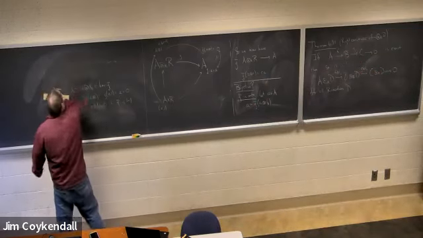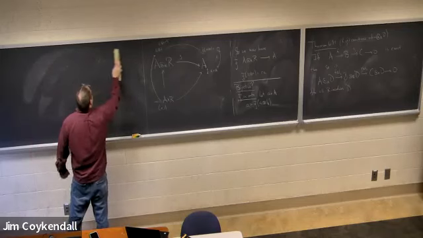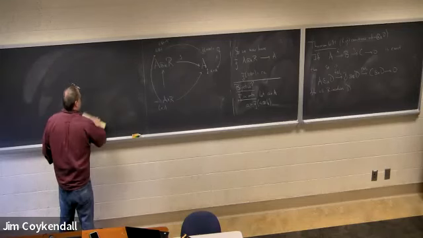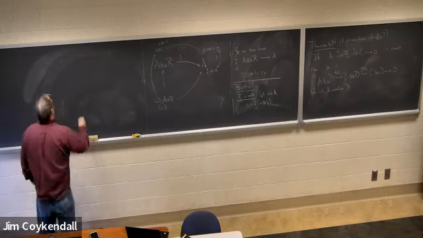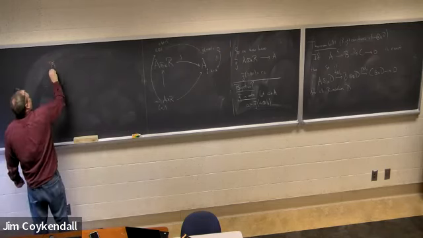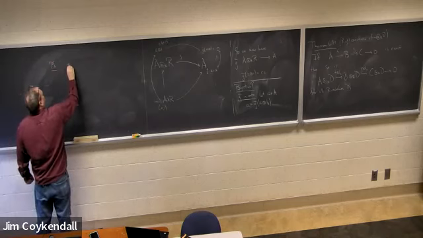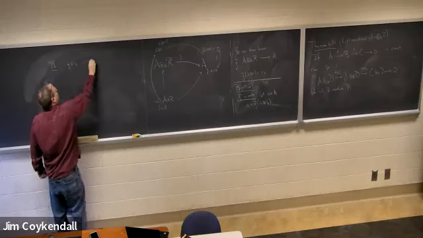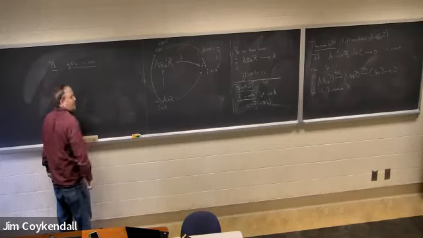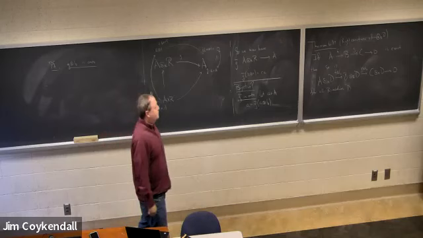So let me do a couple of things. Let me get the easier details out of the way. Notice G tensor 1D is onto. Okay, so how are we going to do this?